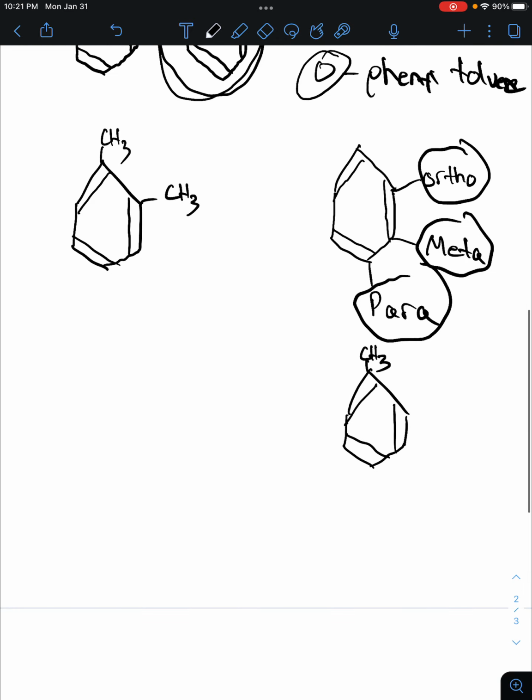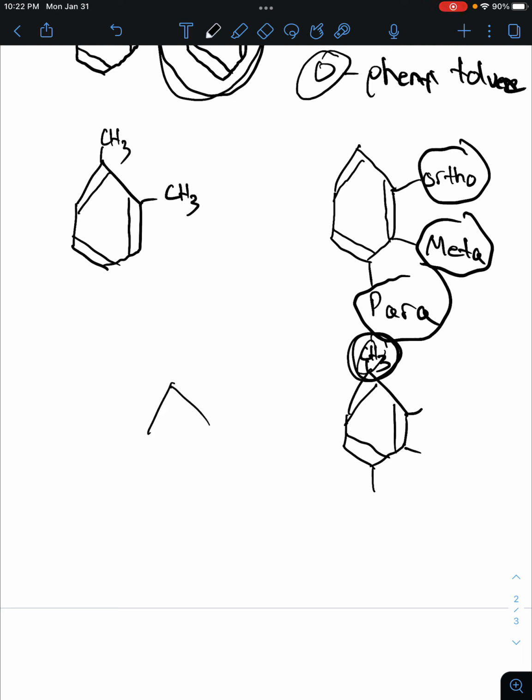And the ortho is simply going to be the first carbon away from the group that's naming the compound. Meta is simply the carbon that's 2 away, and para is the one that's 4 away, opposite from the substituent.